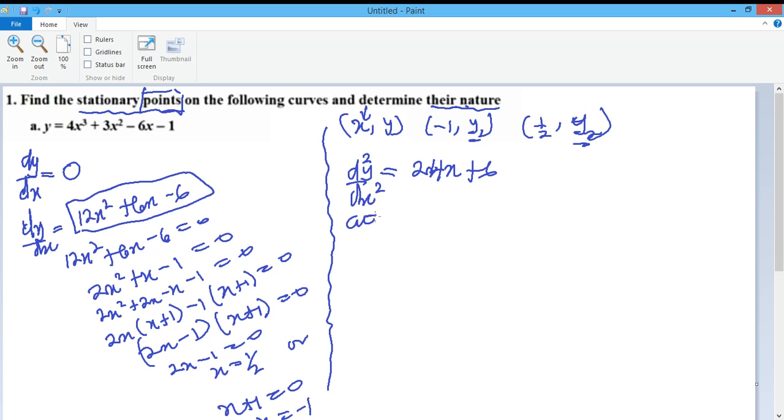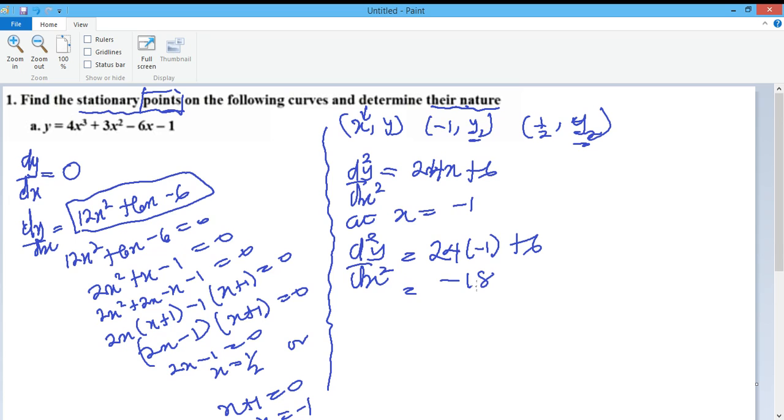At x equal to negative 1, our second derivative d squared y over dx squared will be 24 multiplied by negative 1, plus 6, and that gives us negative 18.